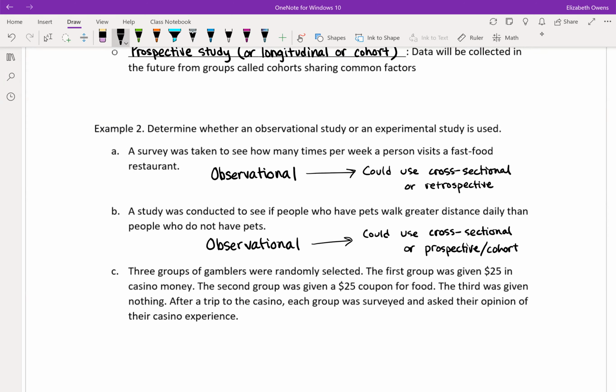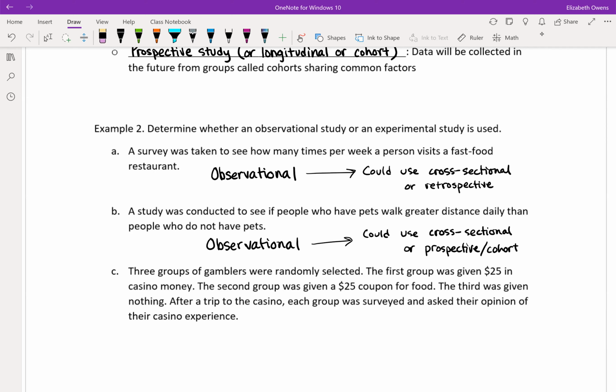Then in C here, three groups of gamblers were randomly selected. The first group was given $25 in casino money. The second group was given a $25 coupon for food. The third was given nothing. After a trip to the casino, each group was surveyed and asked their opinion of their casino experience. Well, I know which group I don't want to be in: the group with nothing.